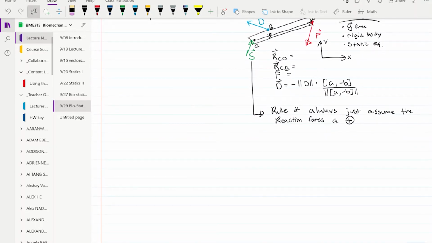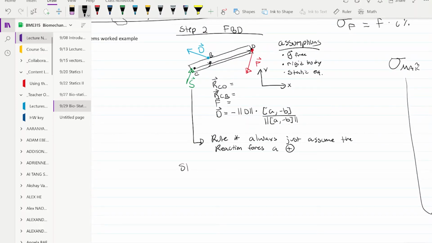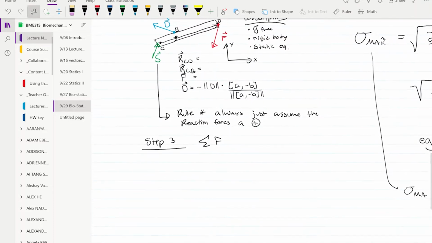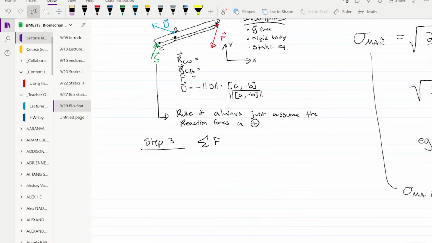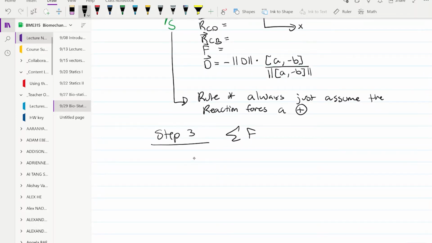Okay, so let's go to step 3. That's sum of forces. So here we got this table we can make where these things are I, J. These are going to be the forces.